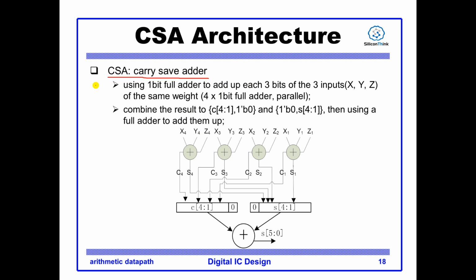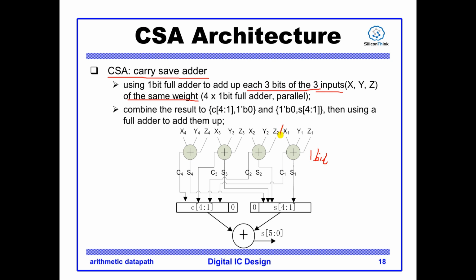The idea is, first, for the operation on three inputs, we can add them up, but not as a whole. We can just add each 3 bits of the 3 inputs with the same weight.